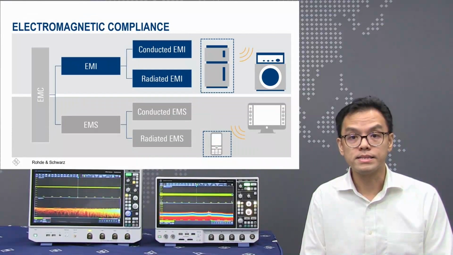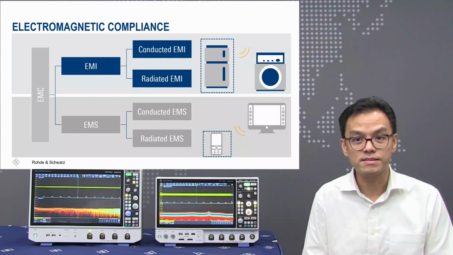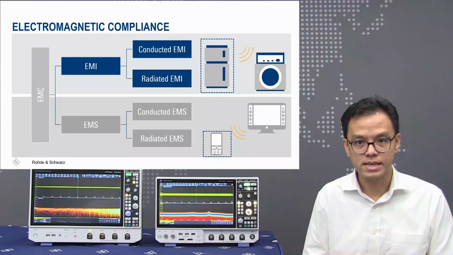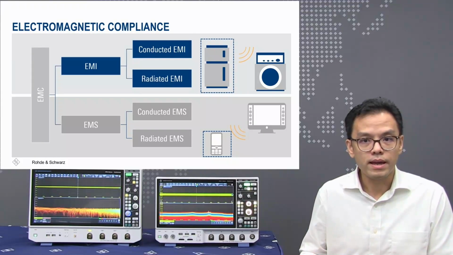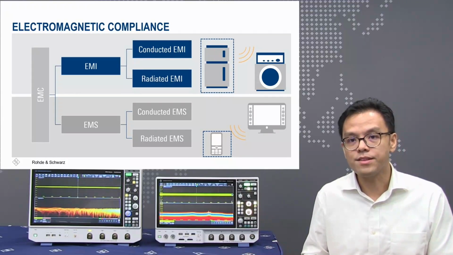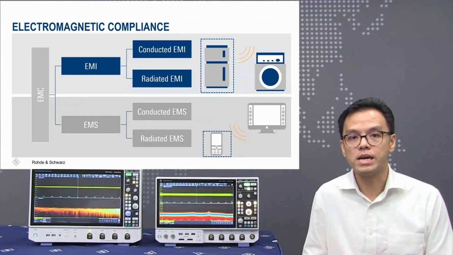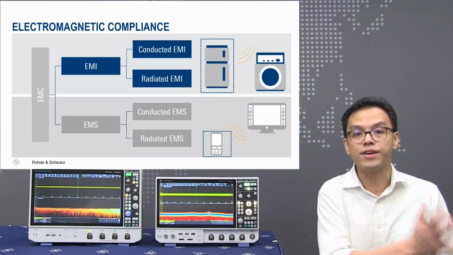EMC compliance primarily focus on electromagnetic interference, EMI, and electromagnetic susceptibility, EMS. These are branched out to examine conducted and radiated emissions. For instance, when testing for EMI, we subject the device under test to both conducted and radiated emission assessments.